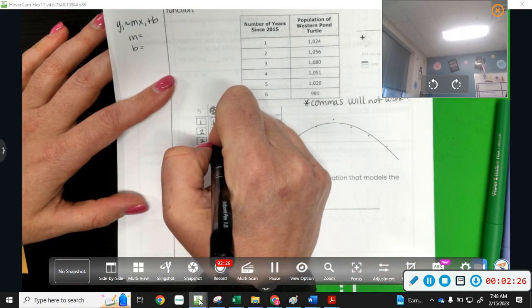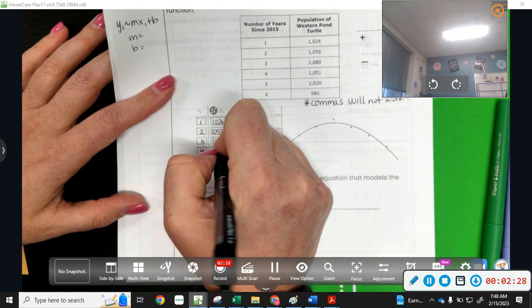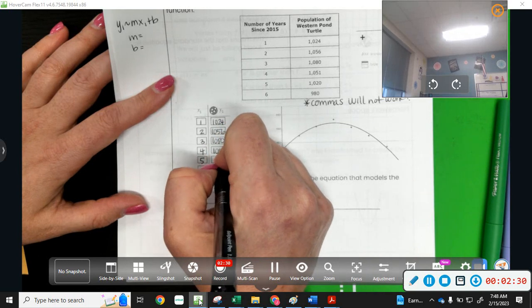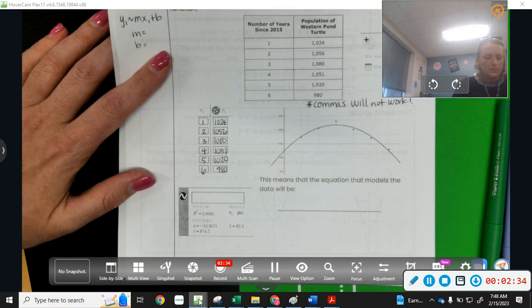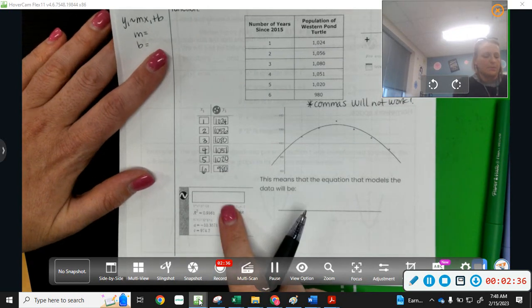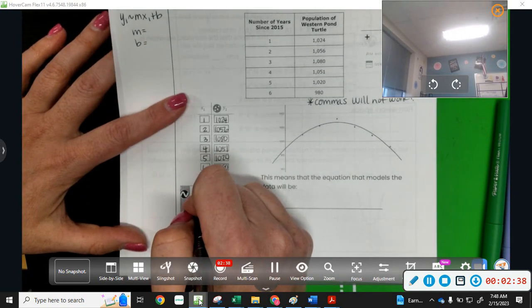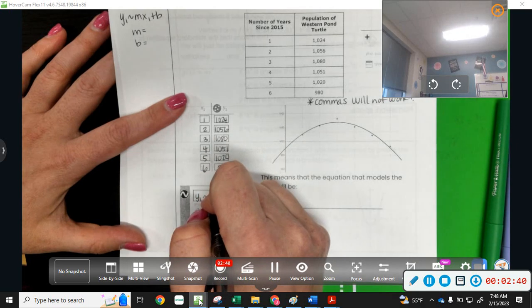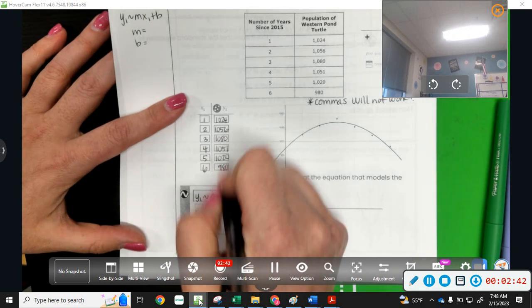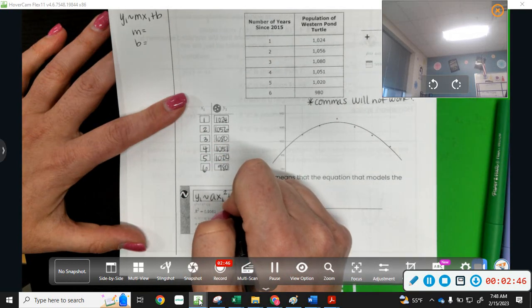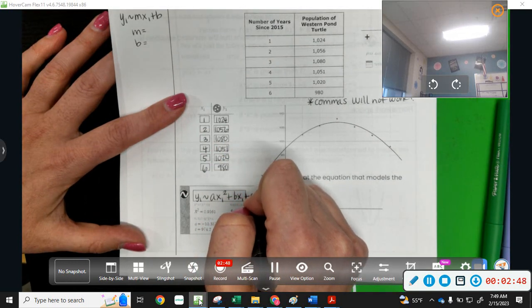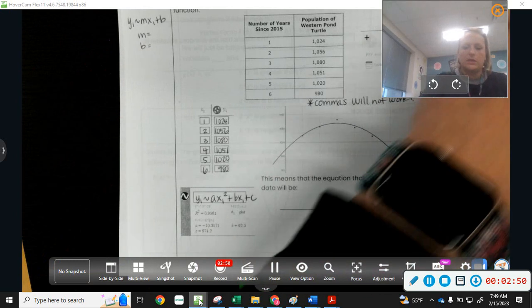So 1056, 1080, 1051, 1020, 980. And then after I type this in, I'm going to type the formula y1 squiggle ax1, and then I'm going to do shift 6 for this 2, plus bx1 plus c.